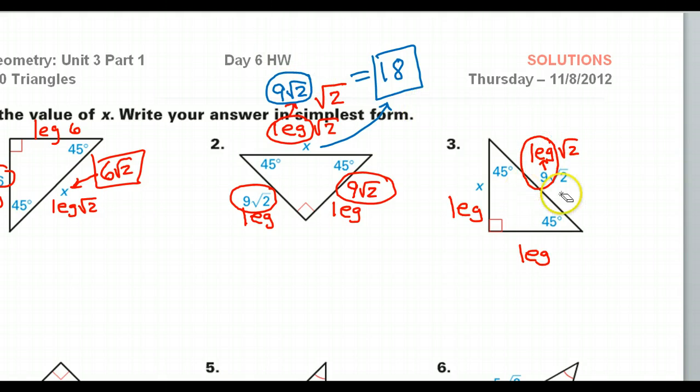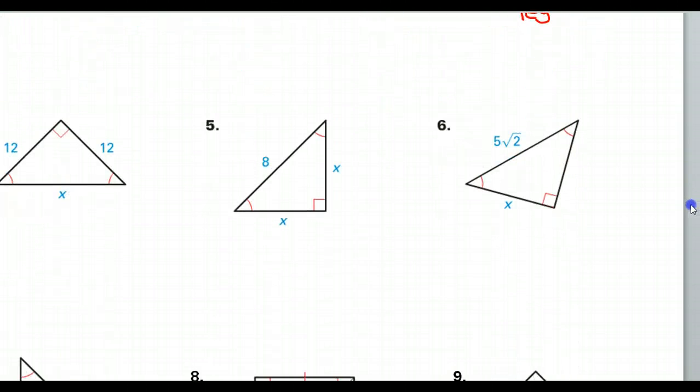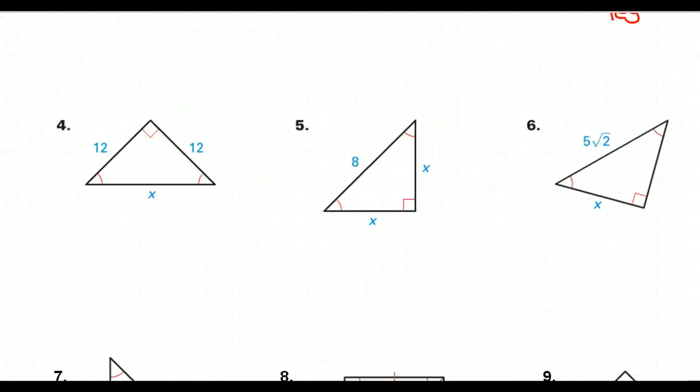Yeah, so looking at how the leg is in the same spot as the 9, so the leg has to be 9. Okay, so that means this must be 9. This is 9 also, by the way. Okay, but x is 9. So that's number 3. Let's take a look at number 4.